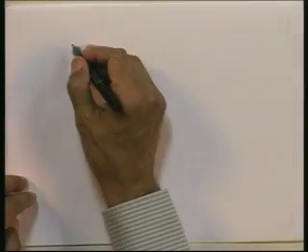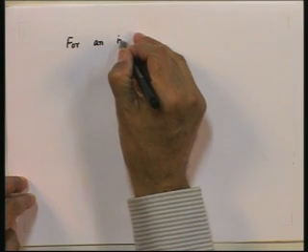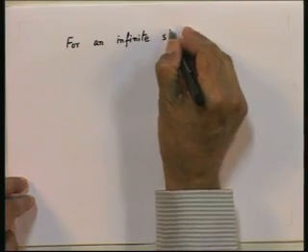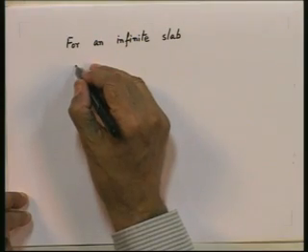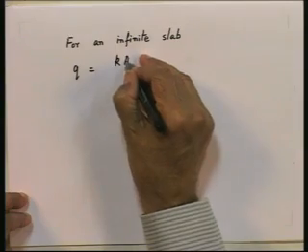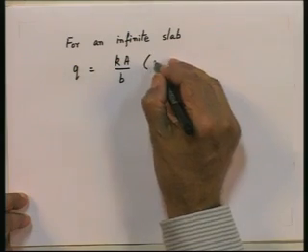Now, immediately I can go back and see the case of the infinite slab. Look at the expression for heat flow rate. For an infinite slab, what will be the thermal resistance? With this definition that I just gave you, for an infinite slab, we have just derived the expression Q is equal to K A by B into T 1 minus T 2. If you go back in your notes, you will see that.